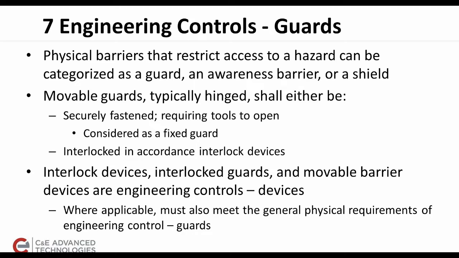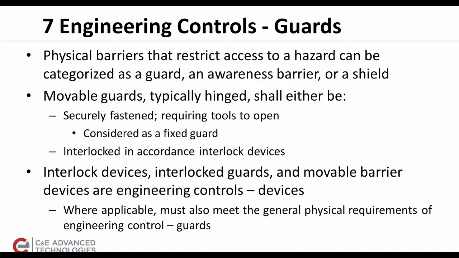Physical barriers are typically categorized as guards, awareness barriers, or shield. One thing that has been cleared up, it comes up quite often in seminars, is movable guards, which are typically hinged. How should they be held closed?